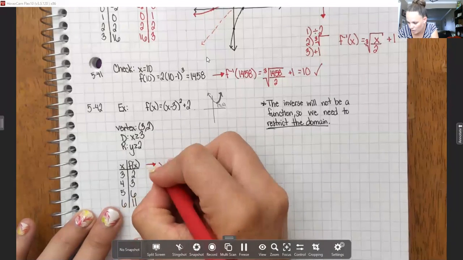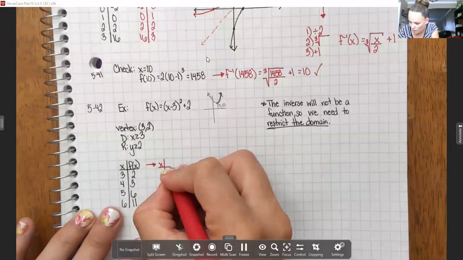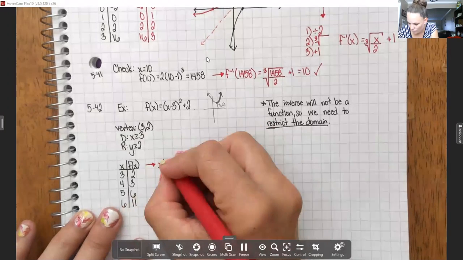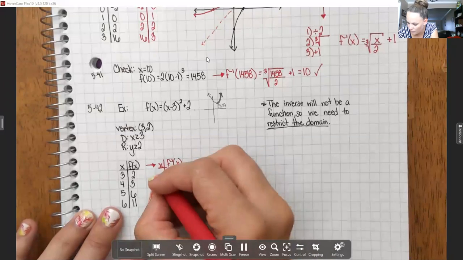The same thing, our inverse here, just flips these.